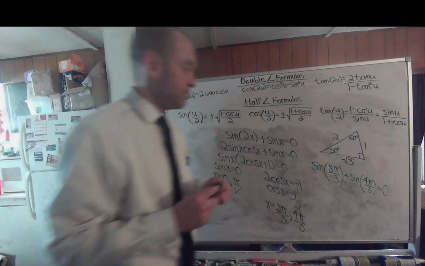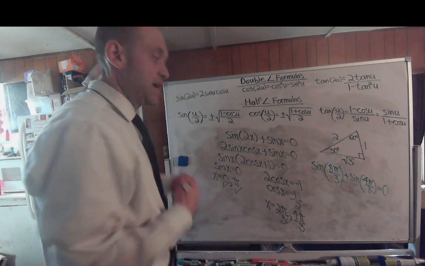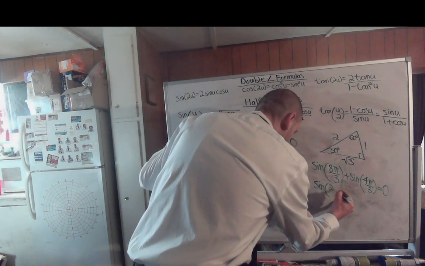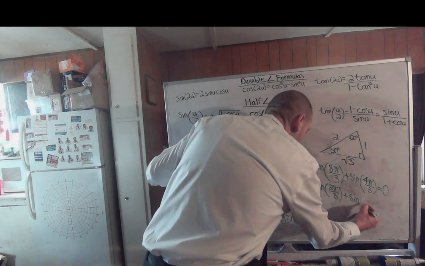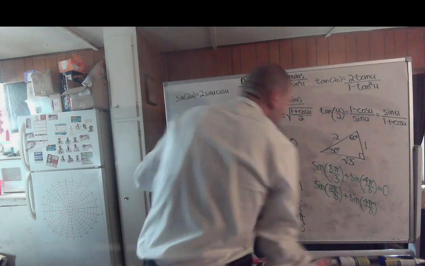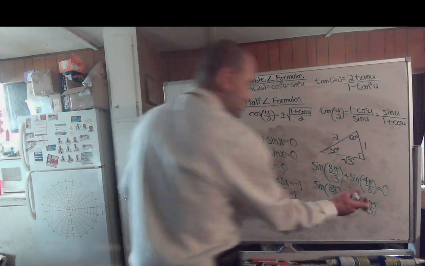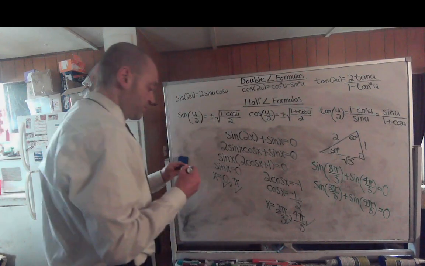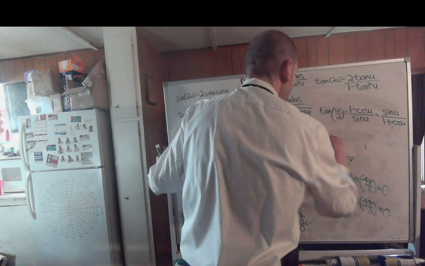Well, the sine of 8 pi over 3 is definitely past 2 pi, so if you subtract 2 pi, this would turn into the sine of 2 pi over 3 plus the sine of 4 pi over 3, which would give you a positive square root of 3 over 2 minus the square root of 3 over 2, which would give you 0. So we know 4 pi over 3 actually works also. So there's that. Now we got to write our solutions.